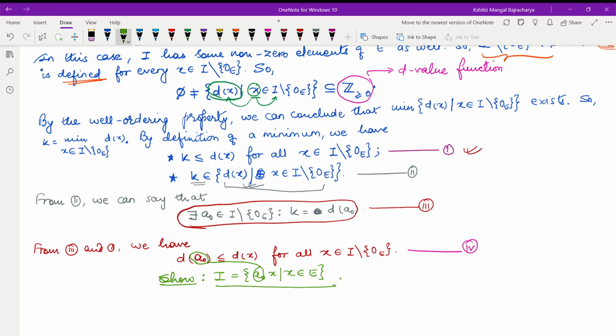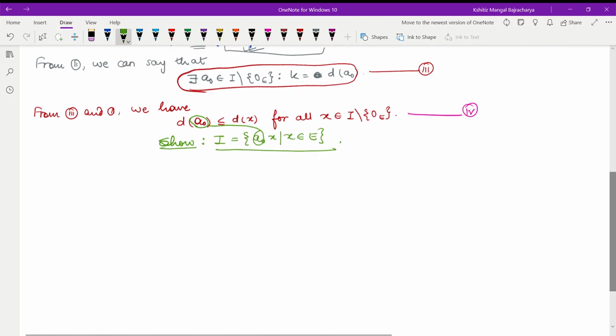The same a0 we have obtained from statement 3, or statement 4. Now to show that two sets are equal, first of all we are going to show that this set is a subset of the ideal I.